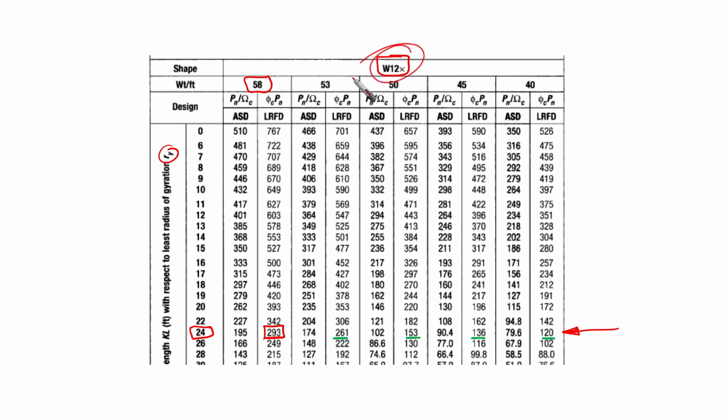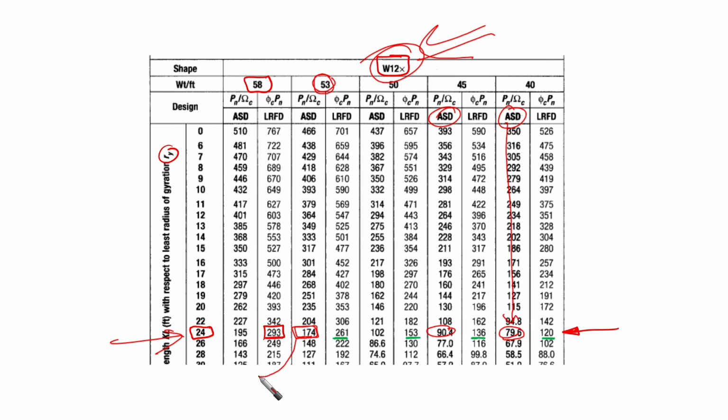Now let's go to the W12 for 24, going from the right to the left, but taking the ASD columns here. Every time we're going to have the ASD columns here. We're going to find that going here until ASD, here it is 174, which is for W12 by 53.